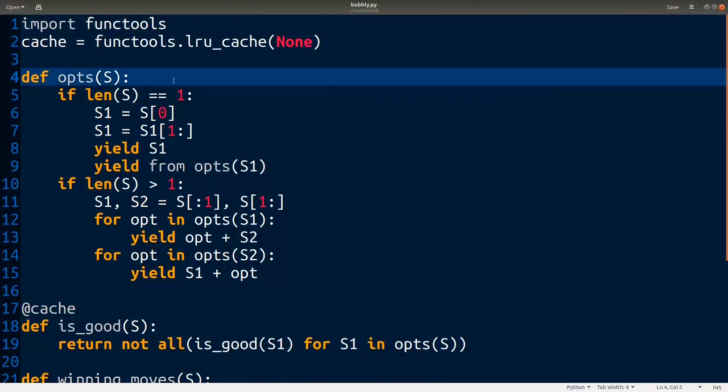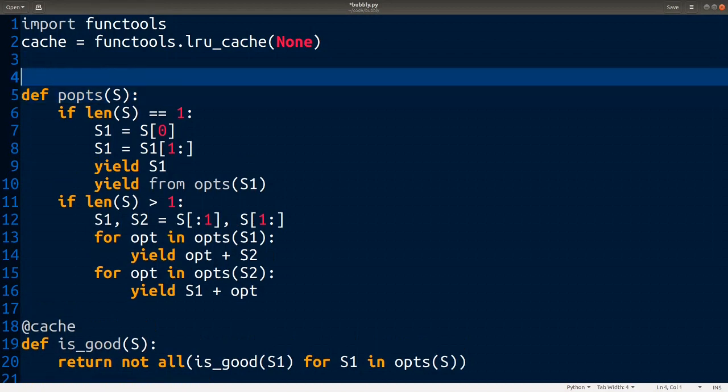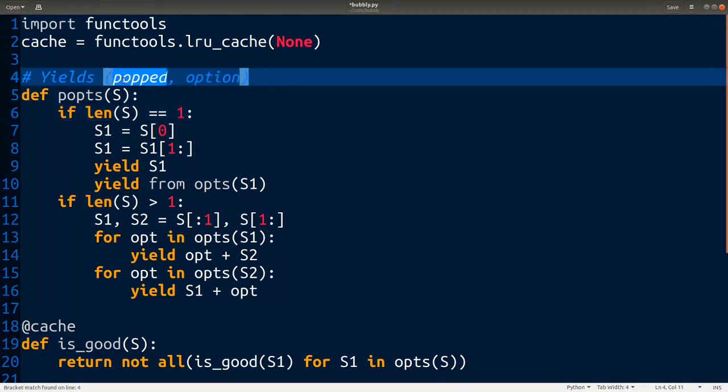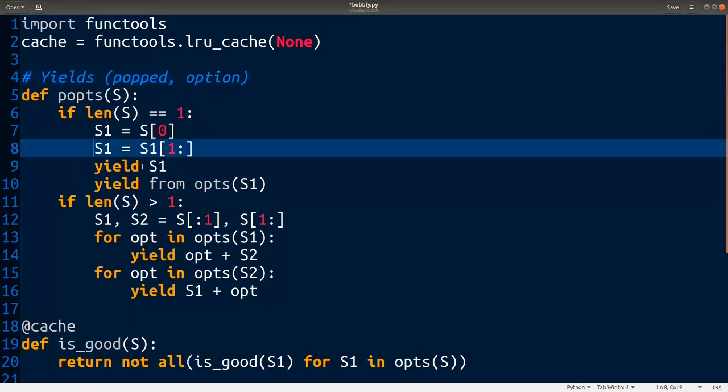We can have this function return not just the options for this state, but also what bubble do you need to pop to reach that option. Let's change the name of this popts. So now this is going to yield two things. It's going to yield the name of the bubble that you popped and the state that you're left with. So let's see. So the easy case is this one.